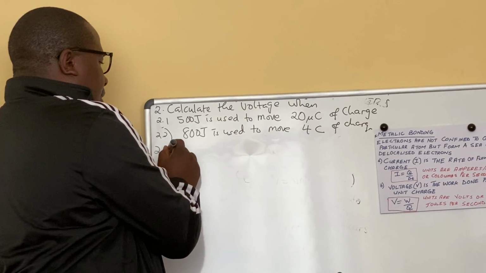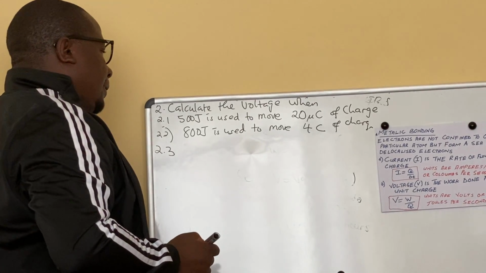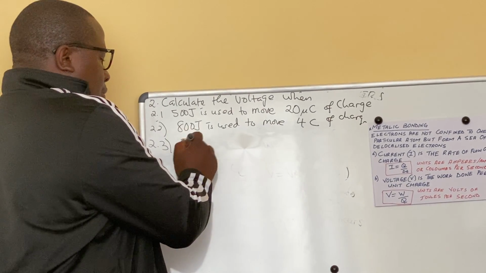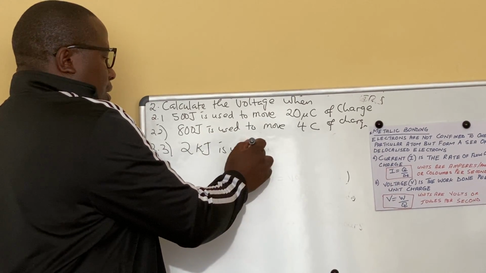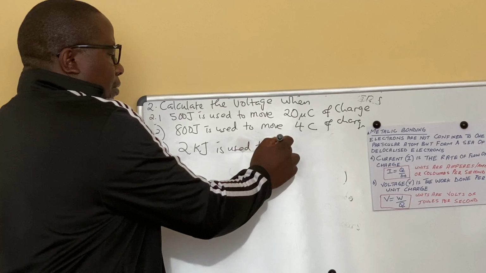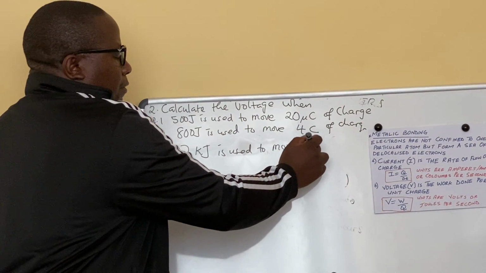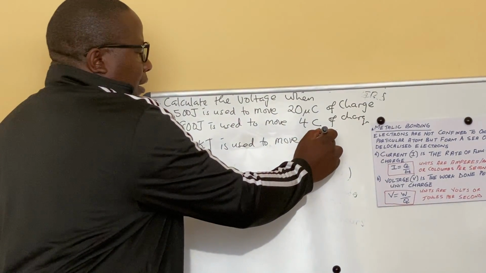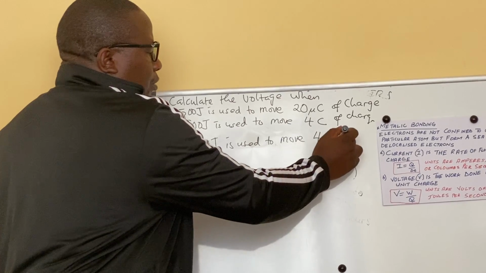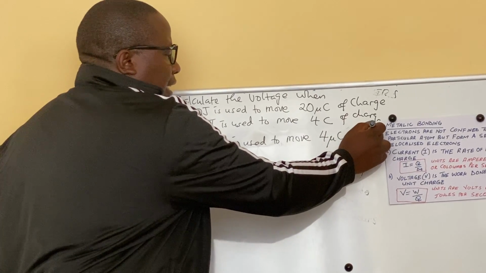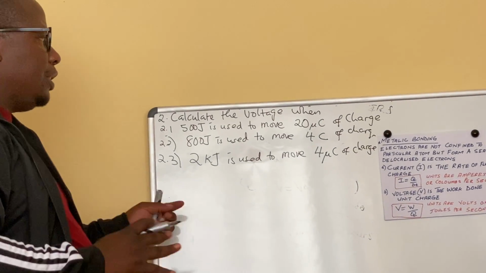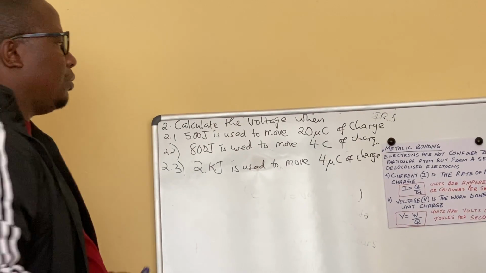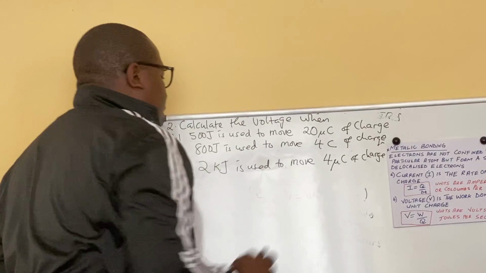Question 2.3, let us say 2 kilojoules is used to move 4 microcoulombs of charge. So it is again basically the same as what we're doing there. You can pause the video and do the calculations and see what you come up with. All right, very good.